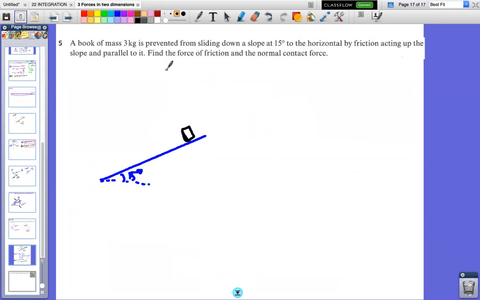And the book is prevented from sliding down by friction acting up the slope and parallel to it. This friction, let's call it F. We are asked to find the frictional force and the normal contact force. This is a typical problem you would have in an exam.